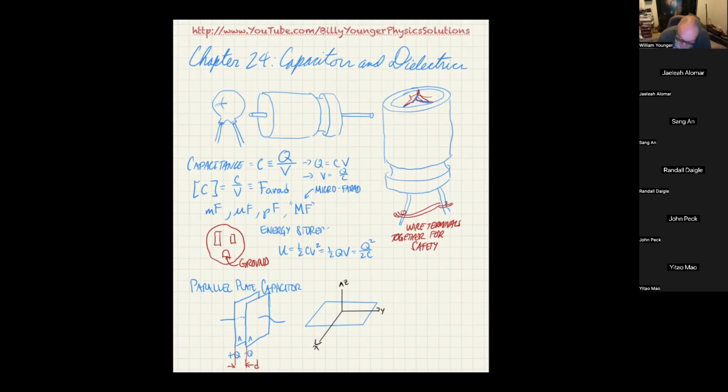I'm going to say that this goes off to infinity, and this goes off to infinity. But what that really means is if I look for a distance Z above, that Z is going to be way smaller than the width of that plate. Way smaller, like at least a factor of 10, but preferably a factor of 100 or larger. So doing that is good enough.